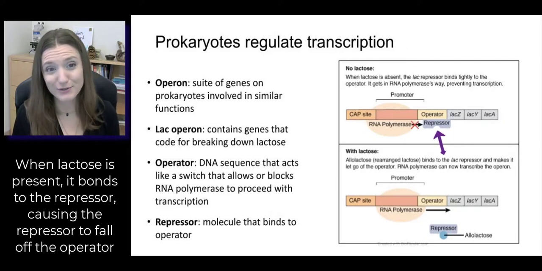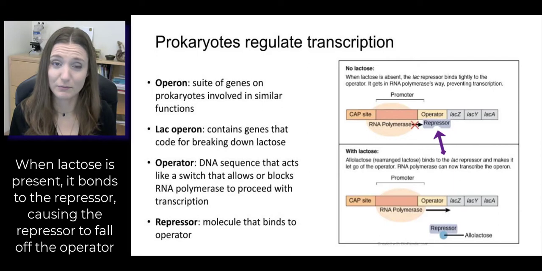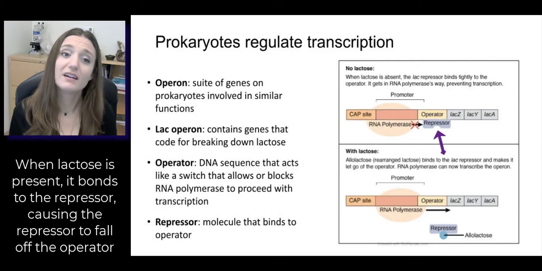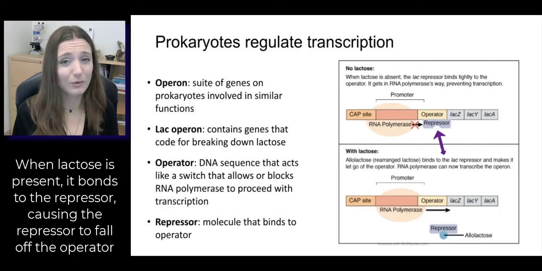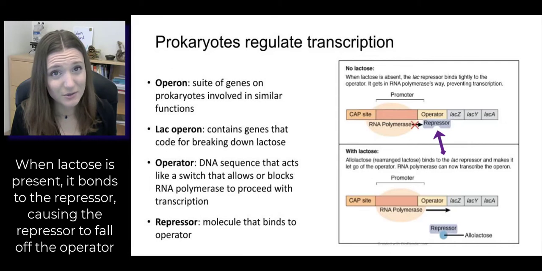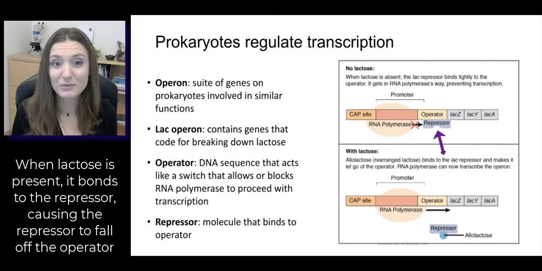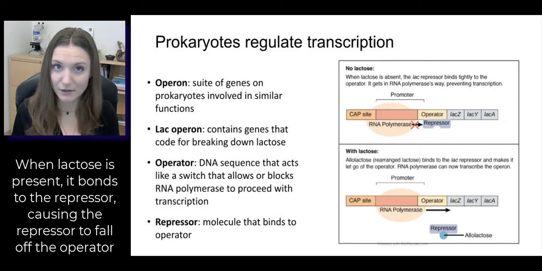As the repressor is bound to that operator, it's physically blocking RNA polymerase from transcribing that gene. And the repressor will only be bound to the operator when lactose is not present. So no lactose, this gene is off, which is fine because we don't need these enzymes right now if there's no lactose around. Because these enzymes, again, lactase breaks down lactose.